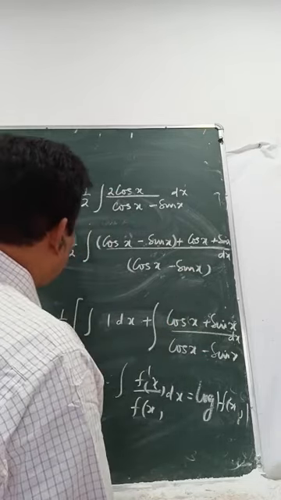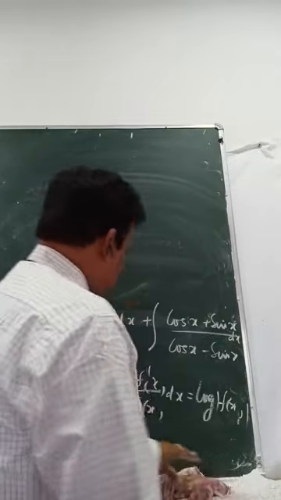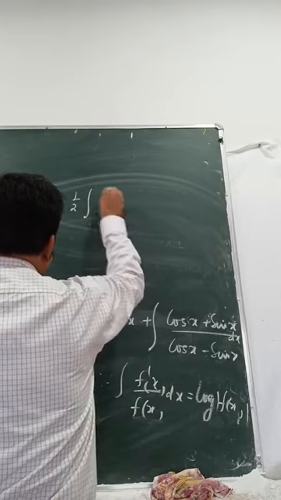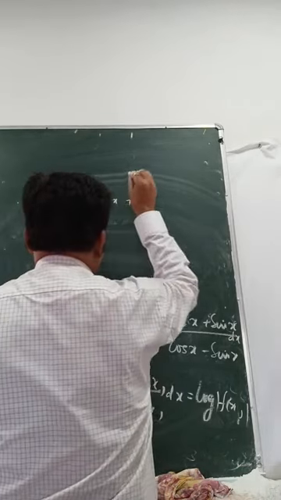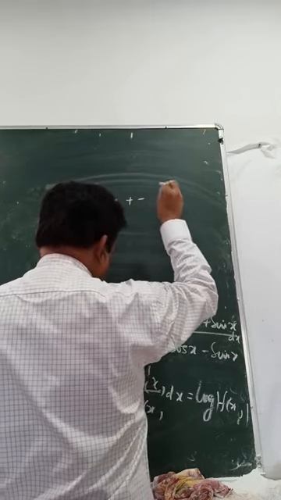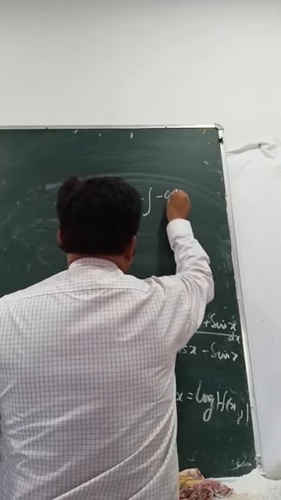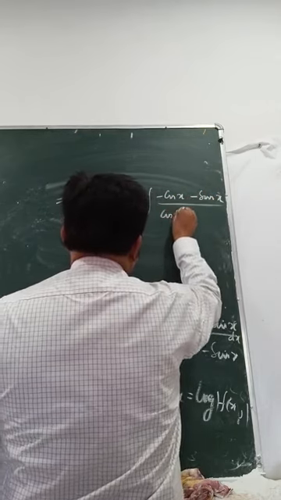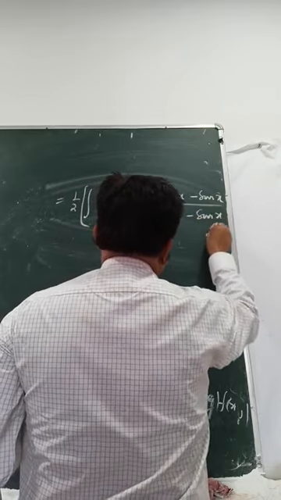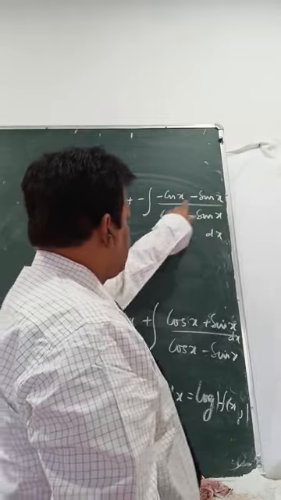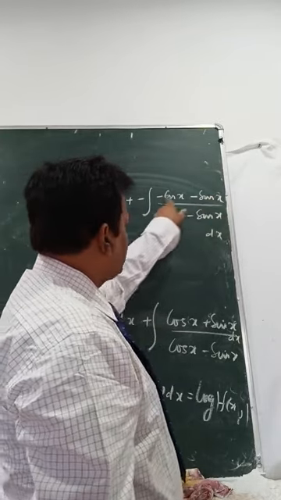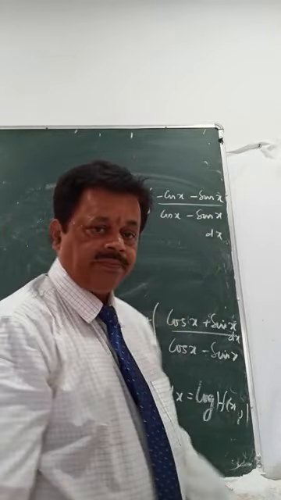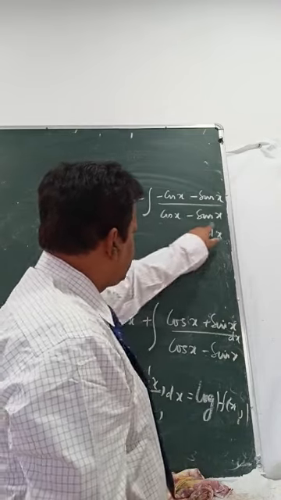So if I write that step here, that means it will be half of integral 1 dx plus, minus I have written here, minus cos x minus sin x divided by cos x minus sin x. Look, the derivative of cos is minus sin. So from where did I get this minus? I multiplied by minus, because when you multiply this minus sign, it will be plus. So why did you do so? Now its derivative is present.